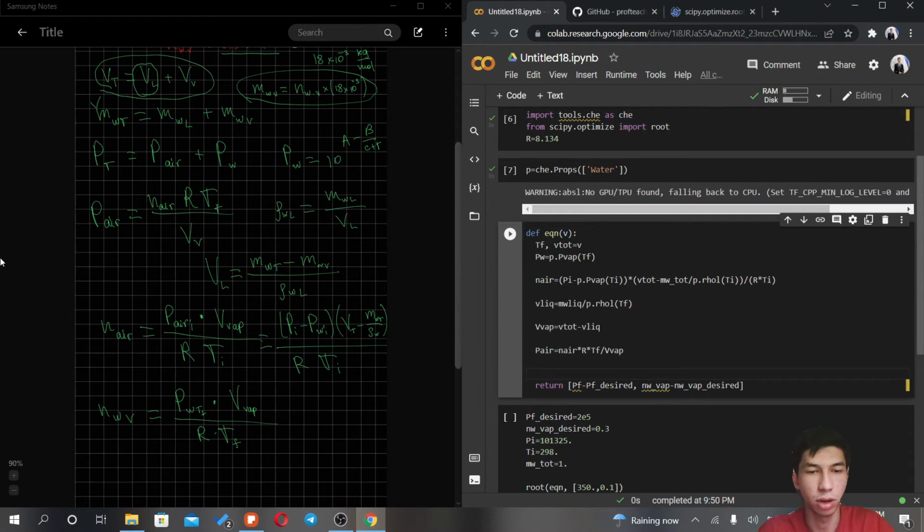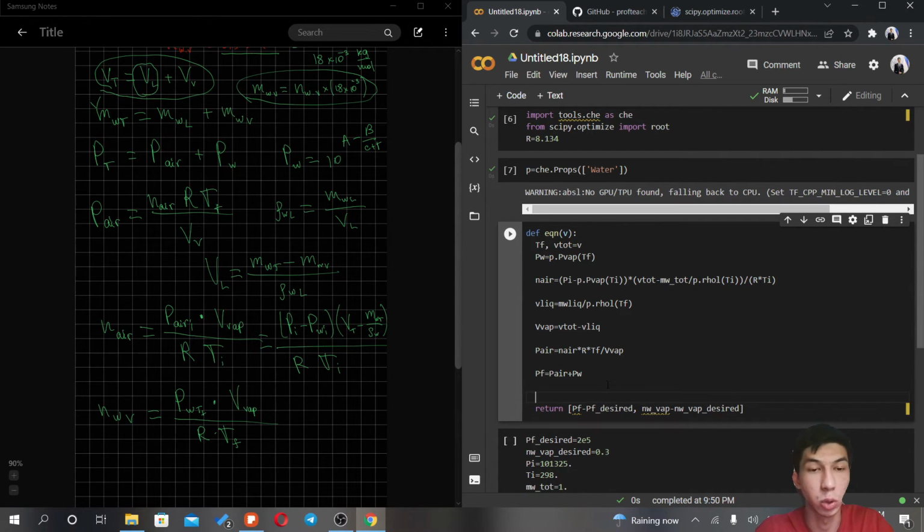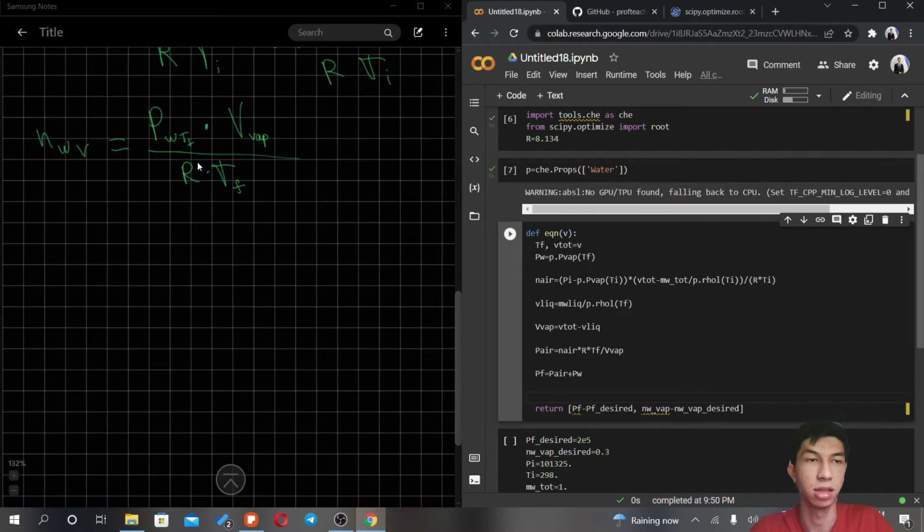So then if we go down, we can see here the total pressure of the system is equal to the partial pressure of the air plus the partial pressure of the water, which we defined earlier here. And the next equation we can use is here. This is the amount of the water in vapor state, which would also be assumed to be an ideal gas.